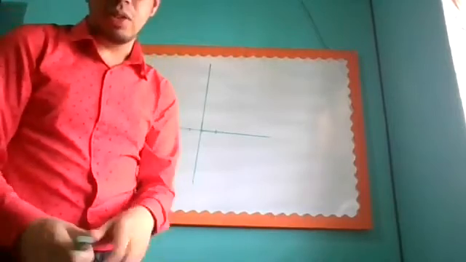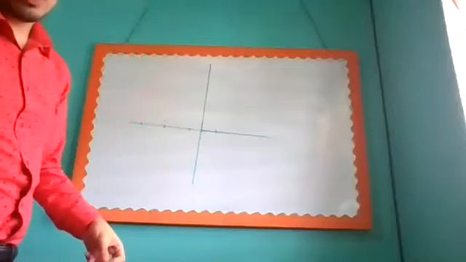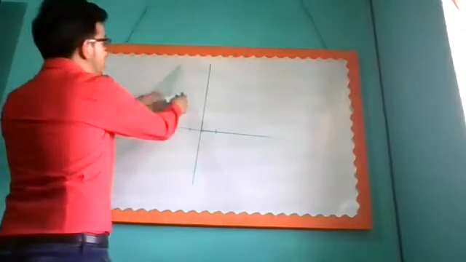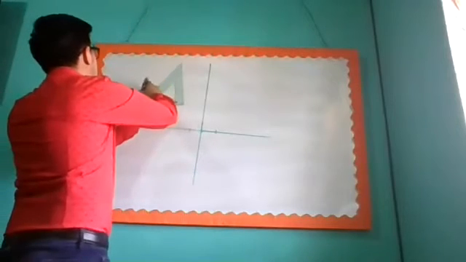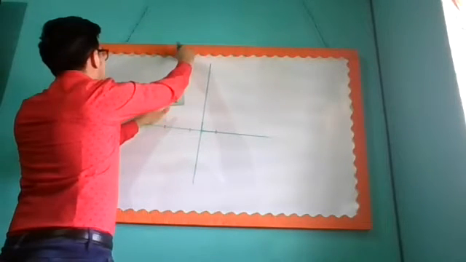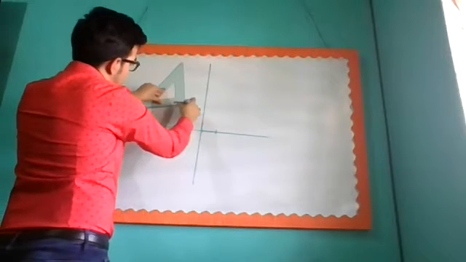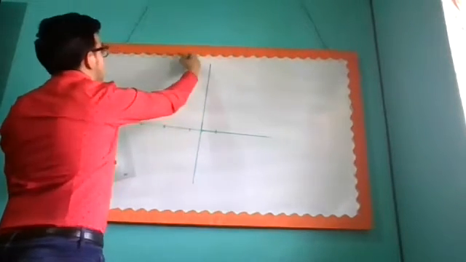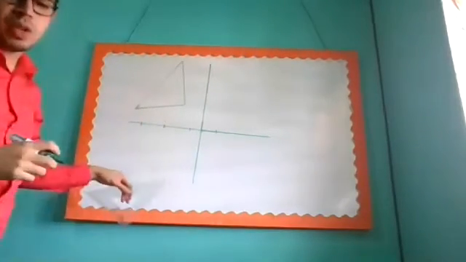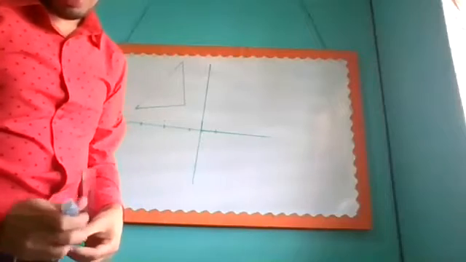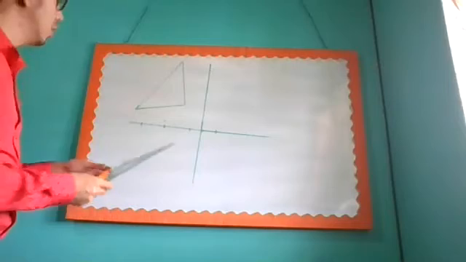I'm going to use different colors like the ones that appear in the book, so you can see the difference. The first one, only that I don't have blue color, so I'm going to use the green. The first one is going to be located in here. Okay, I only need to complete in here. The figure is like a triangle, right? It's a triangle. And the other part is in here.